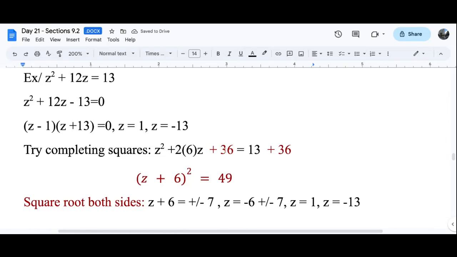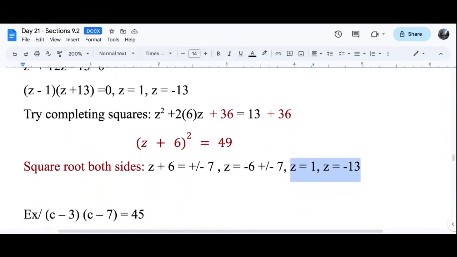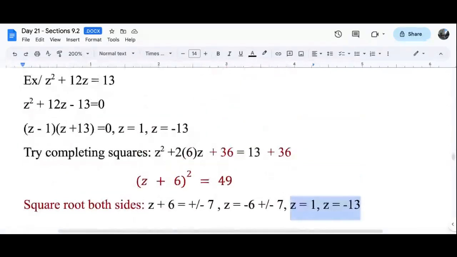But then I want to add 6 squared on both sides. 6 squared is 36. So when I do that, this one becomes z plus 6 squared, and 13 plus 36 becomes 49. Now I can square root both sides. I calculate, and in the end I get 1 and negative 13. Anyone has any question?